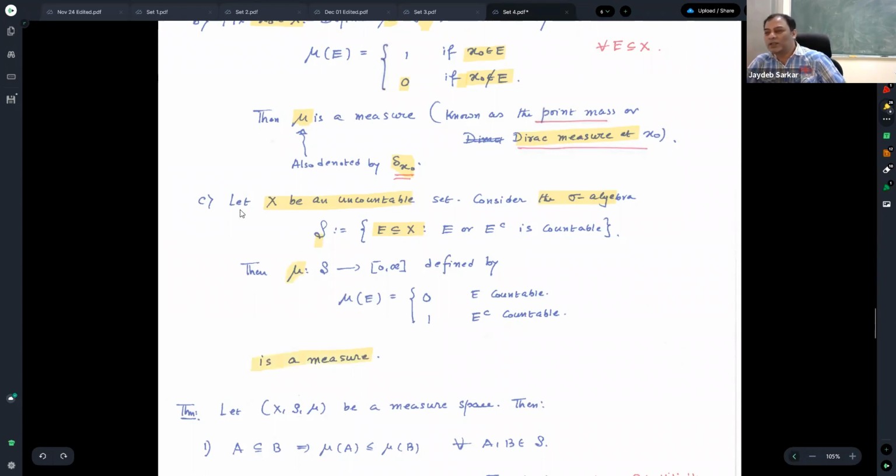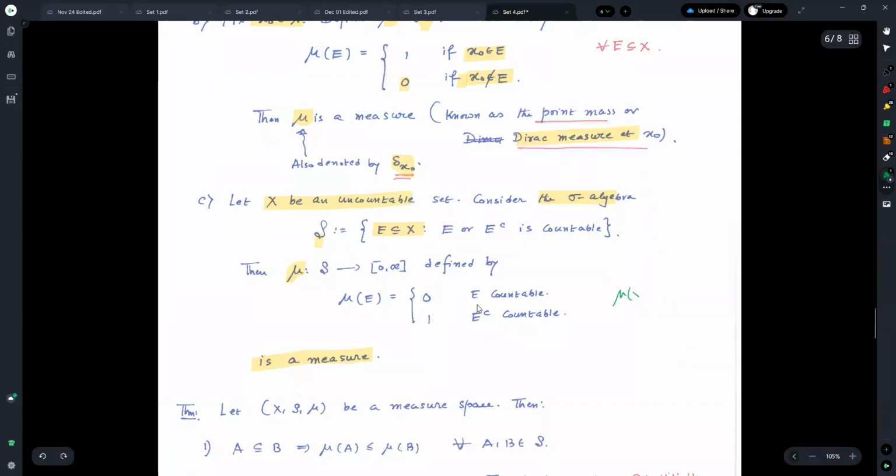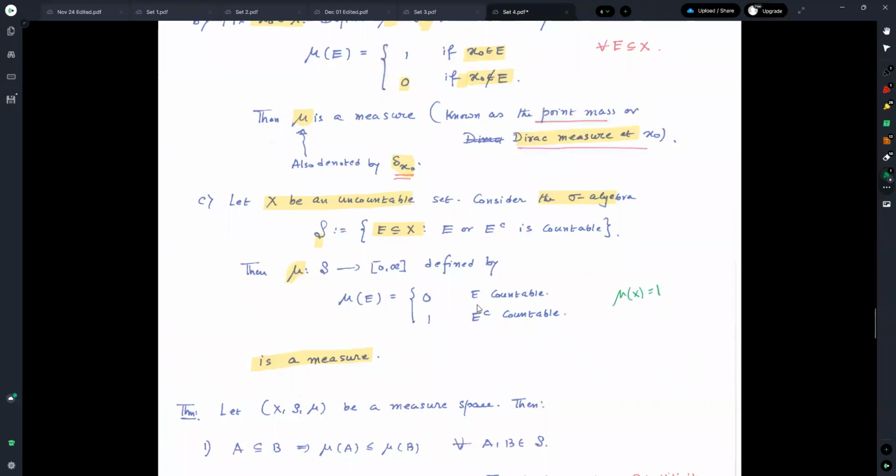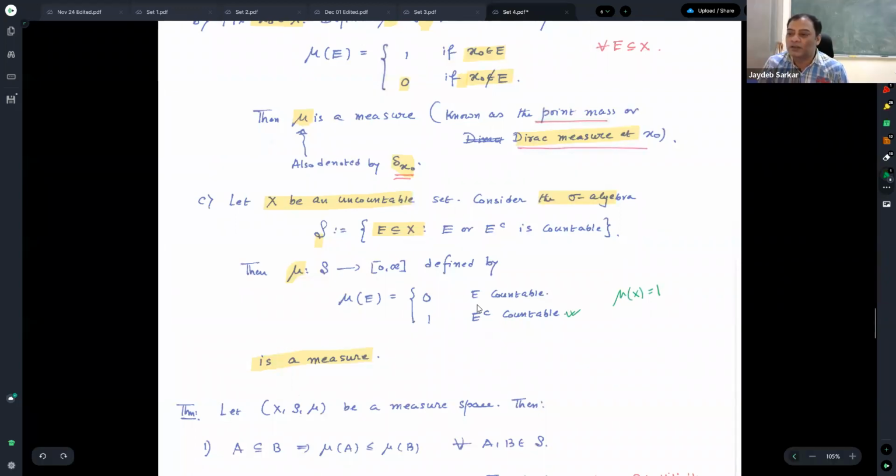So this is one of the typical examples of probability measures, so called because the full measure, what is the measure of X here? Can you see what is the measure of X? 1. Yes, why not? Because X complement is what? Empty. It is empty, countable. Oh, I'm sorry. Yeah. So it is 1. Yeah, because of this, right?